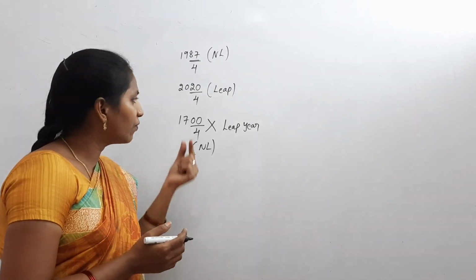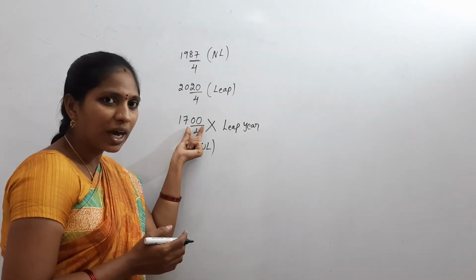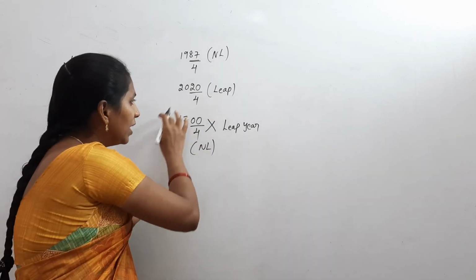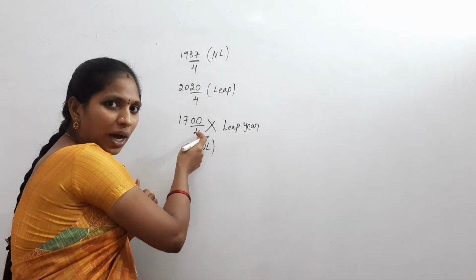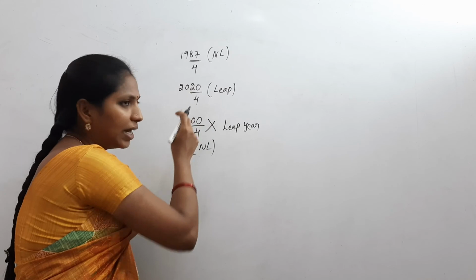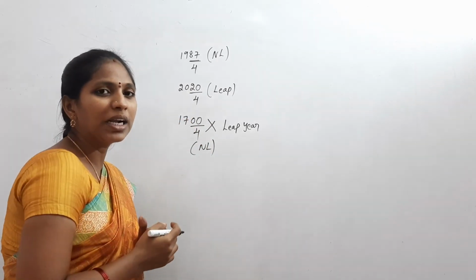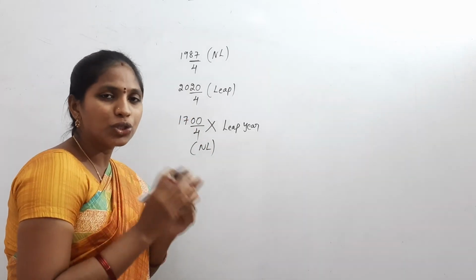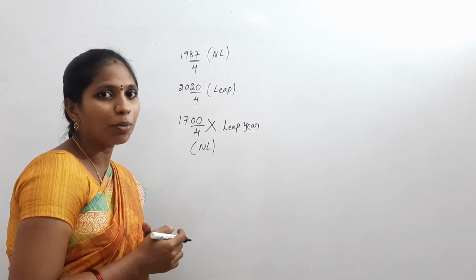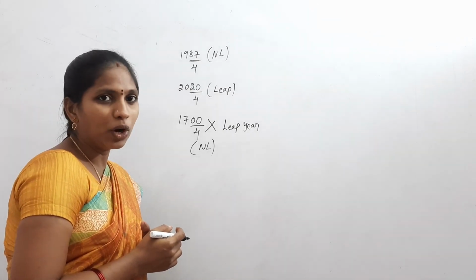The condition is: if the given year is a multiple of 100, see here 1700, 17 into 100, this is a multiple of 100, then you should check by 400, not by 4. Very important.